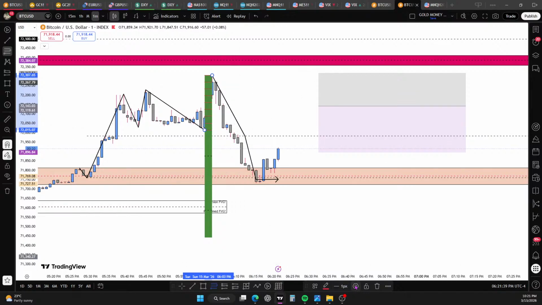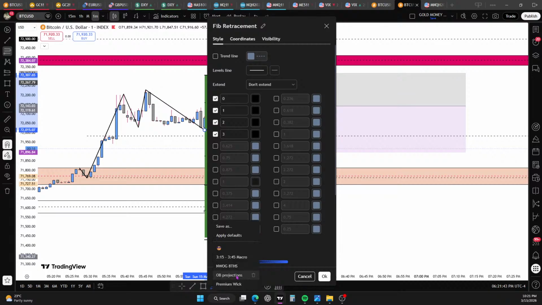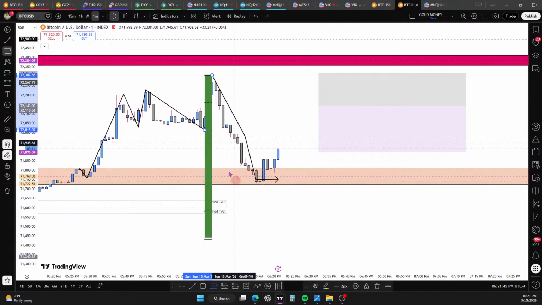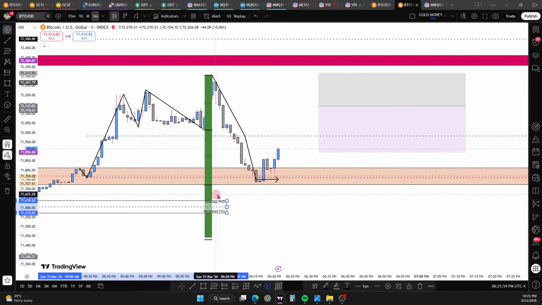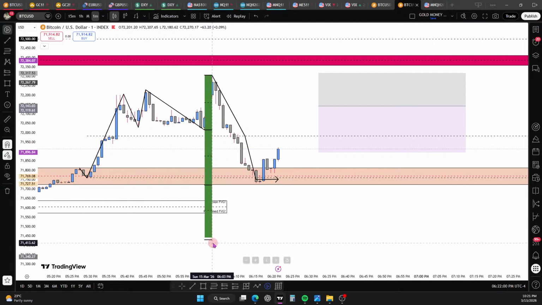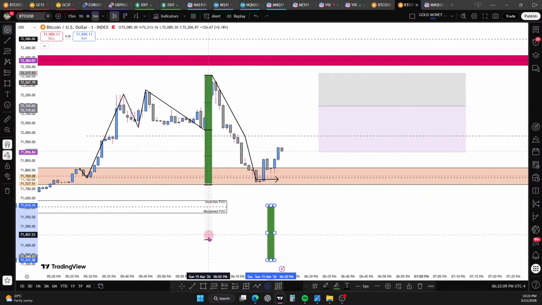I think I drew that the wrong way around, so I'm going to go to my order block projections, Fibonacci settings, and for some reason it was drawn wrong. This is the perfect line, and same with here. The copy and paste things that I did are incorrect, as you can see, and the actual distance that I would be hoping for would be here.